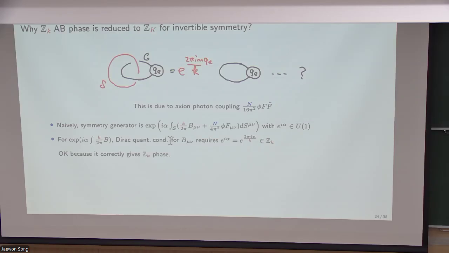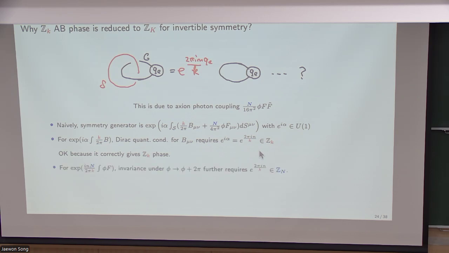there are several constraints for the parameter. For the term from B mu nu, the Dirac quantization condition requires that this parameter should be Z small k valued. So this constraint is physical and okay, because it correctly gives us the Z small k valued Aharonov phase.